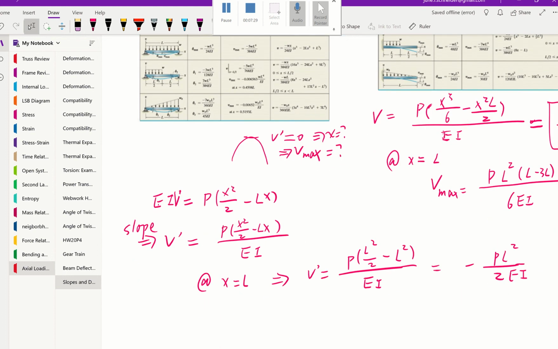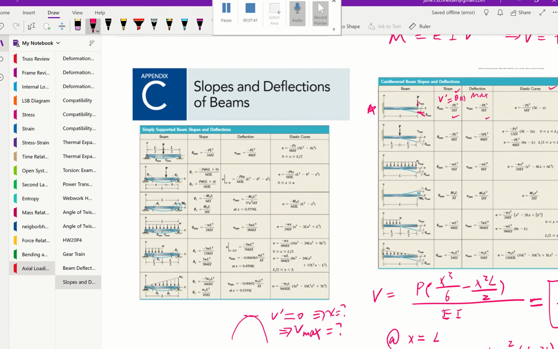And if you don't just want to find the maximum slope, you want a slope expression, you can get that too. So here you get the maximum slope.